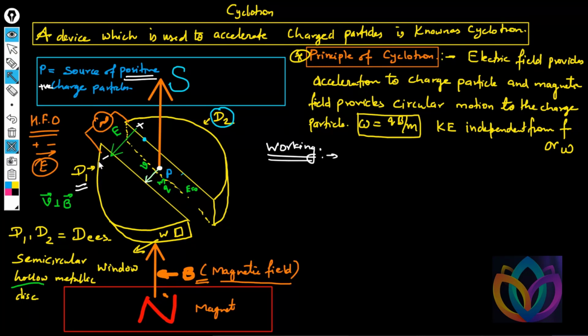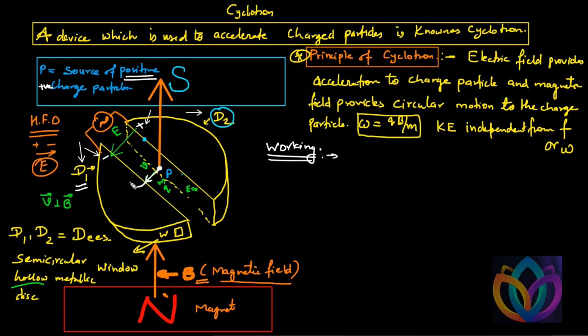Now at any instant, we are considering disk D1 at negative polarity and disk D2 at positive polarity. So the positive charged particle will be accelerated from D2 to D1. Once it has entered inside D1, the electric field is absent, only the magnetic field is there. So the velocity is perpendicular to the magnetic field, and the charged particle will follow a circular path.